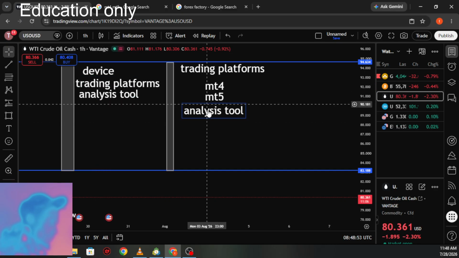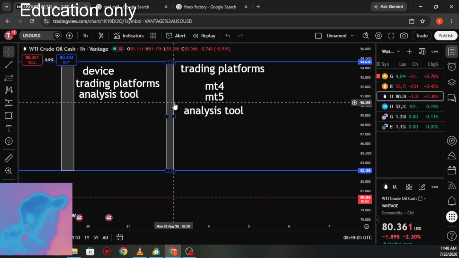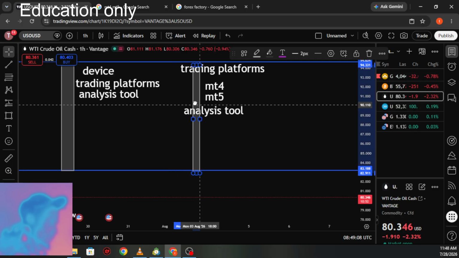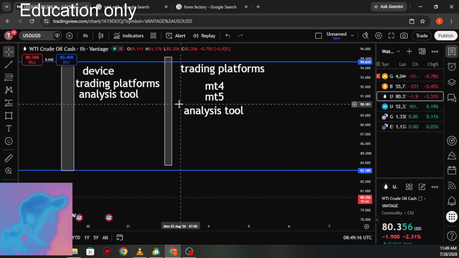We have analysis tools. Okay, if you feel you haven't understood, just go back a little bit and understand it. We have analysis tools. So let's put a space in between there so that you don't get confused. Sorry for that.